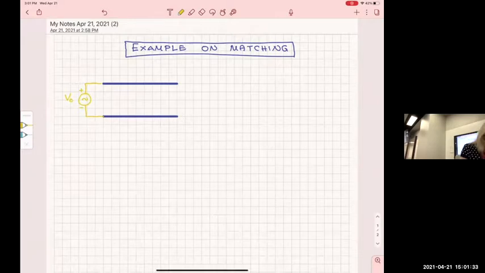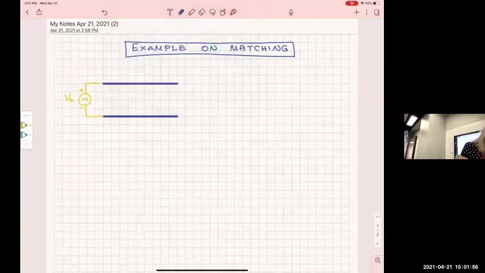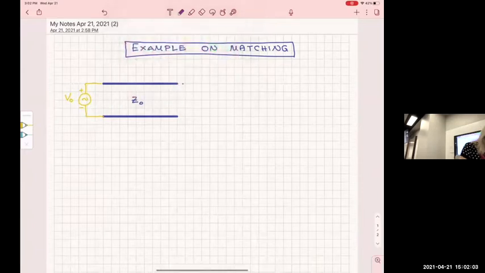And what they're giving to us, and I will write everything that is given, will be the value of the amplitude of V naught, which we also call the phasor for the source. And also they may give you the maximum power that the source can deliver to the load. I will write this down. So for now, you have a transmission line with a Z naught that is connected to another line here.